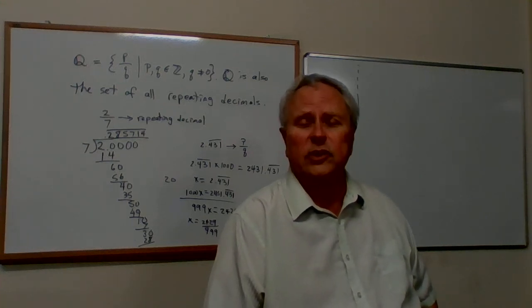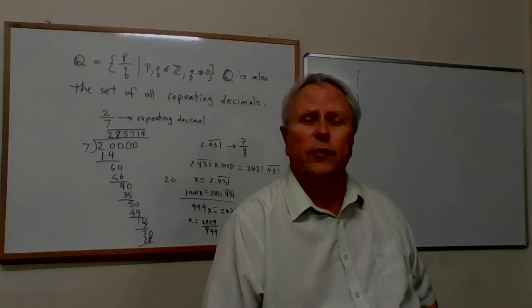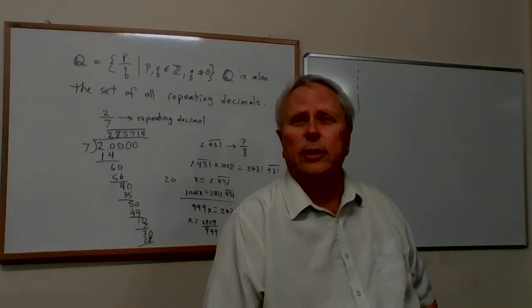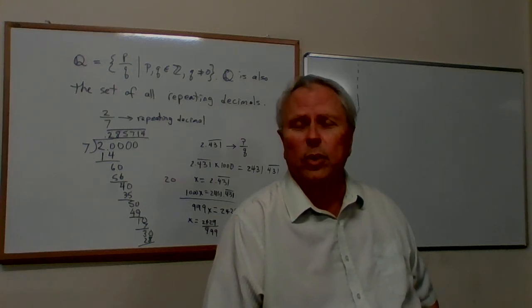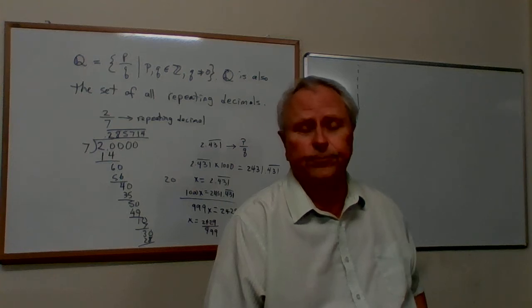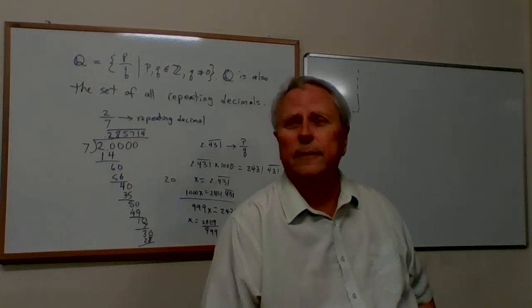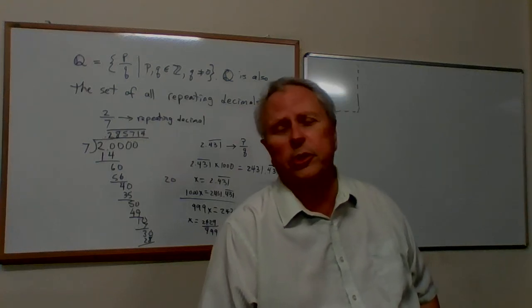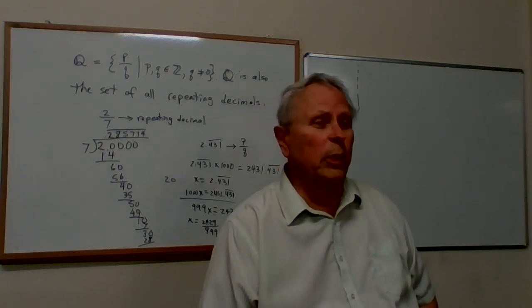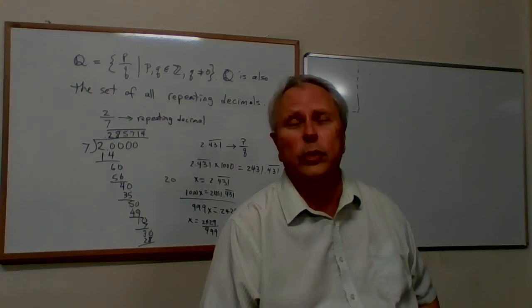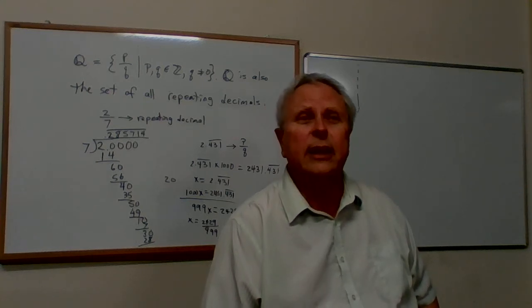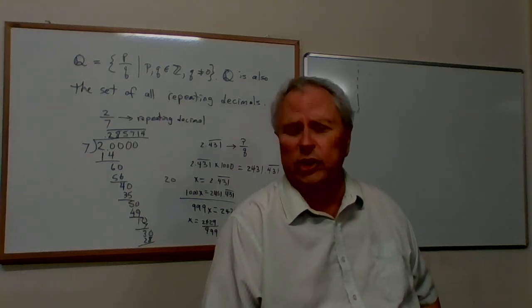And that solution is a rational number if a and b are both integers. In fact, if a and b are both rationals. But, as I mentioned before, the square root of 2, the square root of 3, the square root of 19, the square root of 141, 142, and numbers like that, those are not rational numbers.